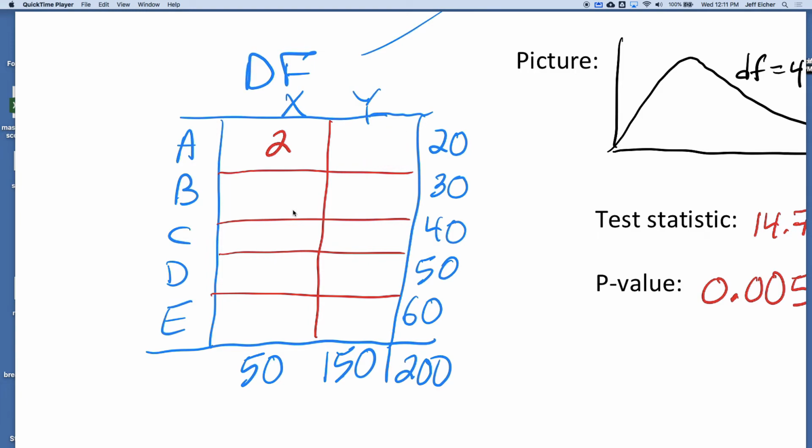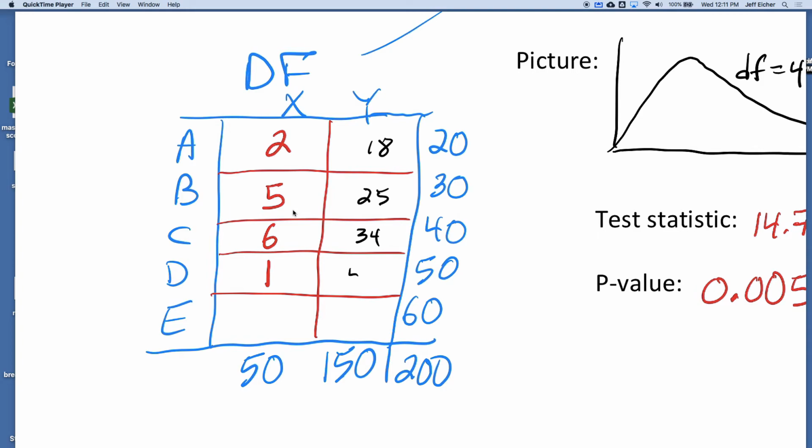So if I told you this one was 5, would you be able to figure out all the other cells? Not yet. You can figure out, right, this is 18 and this would be 25, but you can't figure out the other ones. You would have to have 4. So I'm free, degrees of freedom, I'm free to pick numbers until I've gotten to 4 numbers. And after that, now I can't just go freely picking numbers, because these values have to be whatever adds up to the totals.